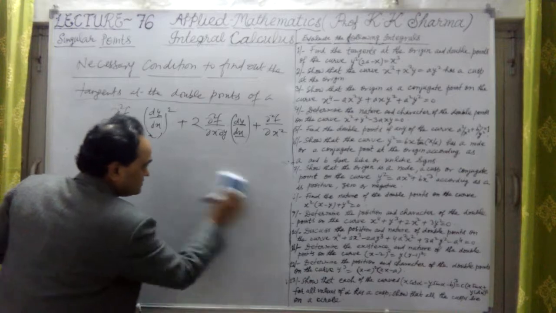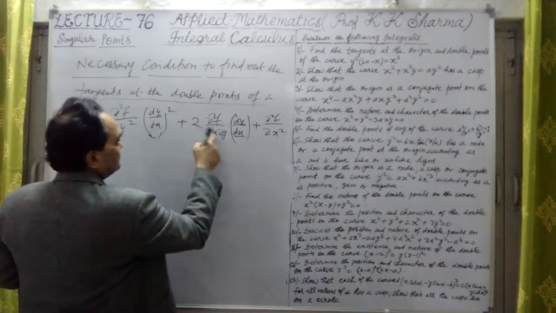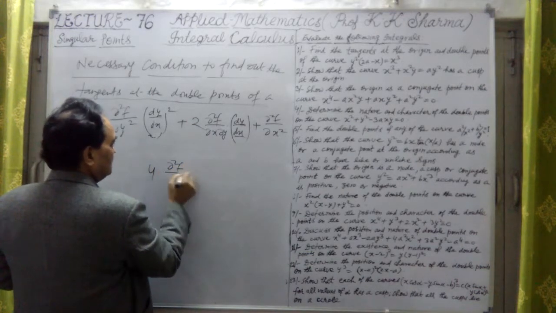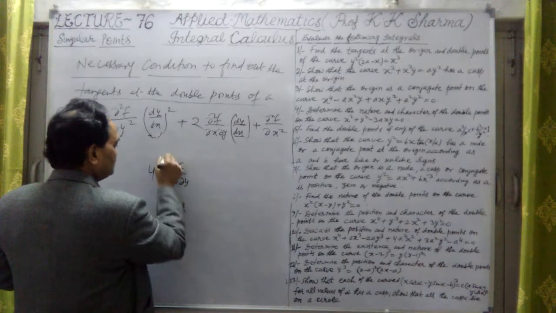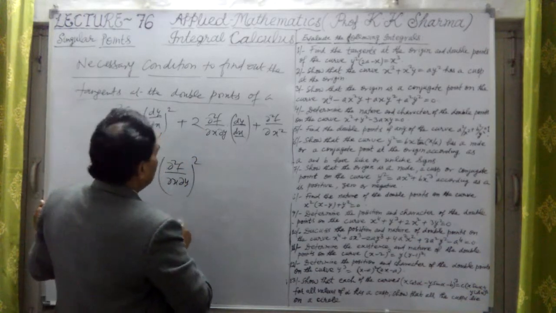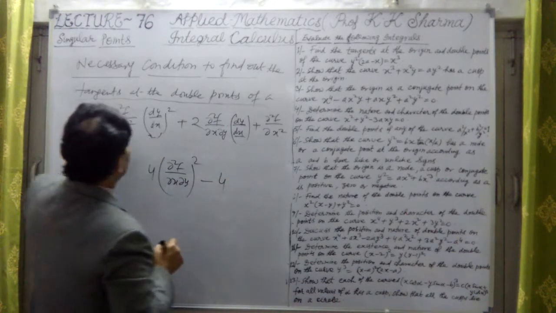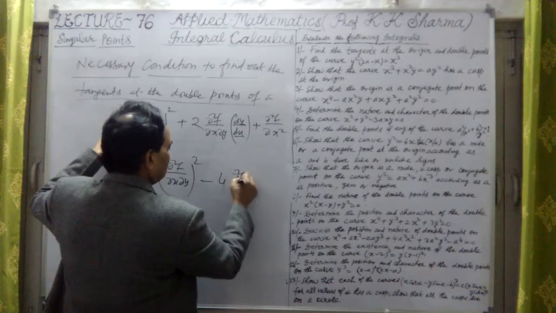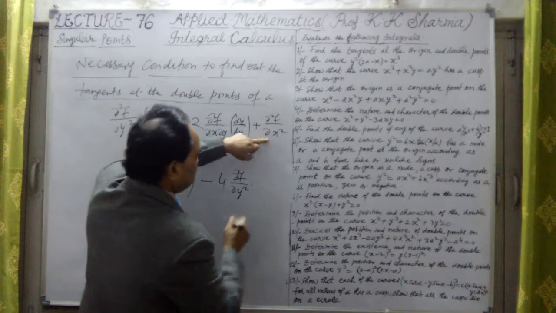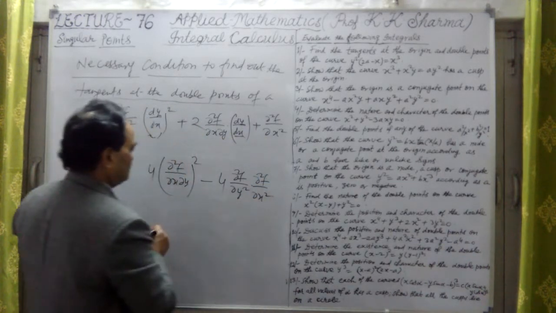So let me write that with the condition. b square means 4 into del square f upon del x del y whole square, minus 4 into a into c, that is del square f upon del y square into del square f upon del x square.